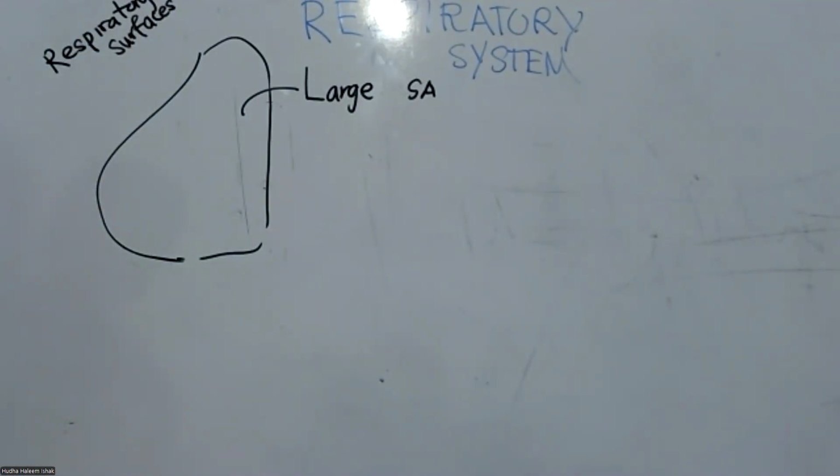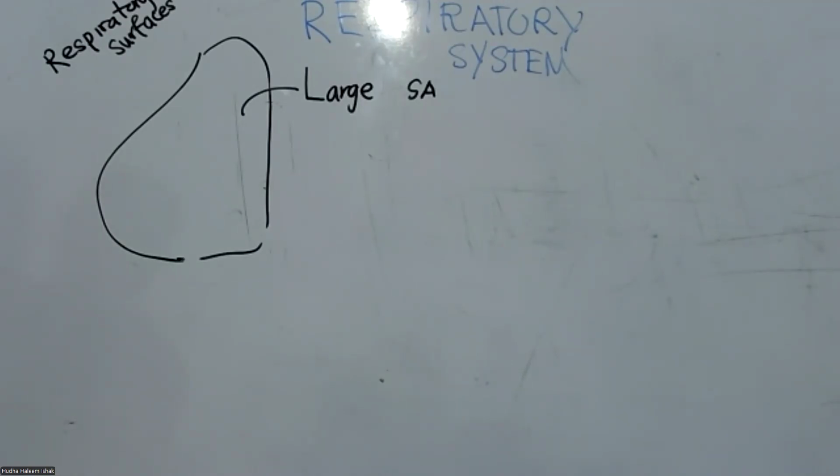So these respiratory surfaces should have a very large surface area because we require a large amount of gas exchange in a small time period, no? For that we should have a large surface area. It allows a sufficient volume of gas to be exchanged. Even humans, at different periods of our life, require different amounts of gases.